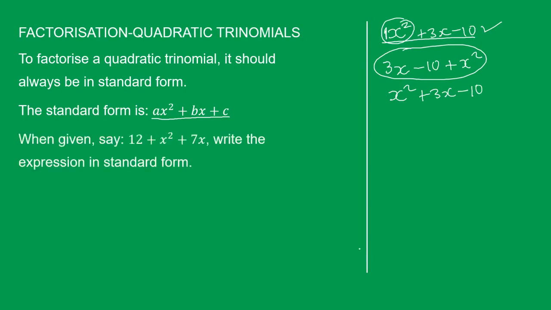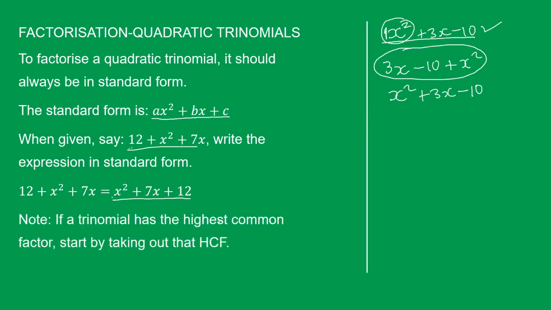When given, say, 12 plus x squared plus 7x, write the expression in standard form. It is going to be like this. It's in the form ax squared plus bx plus c, where a is equal to 1, b is equal to 7, and c is equal to positive 12.